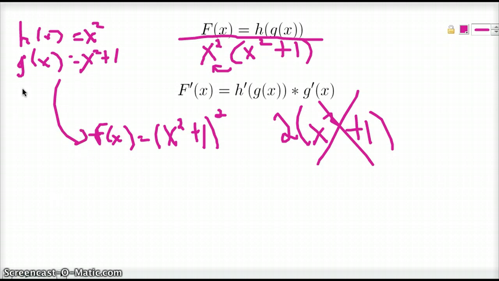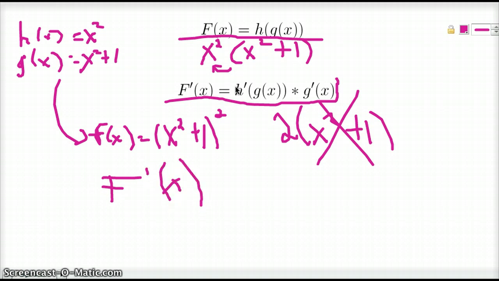Now we can use this information to find the derivative, which is the chain rule. So we want to find our function's derivative. We need to take the derivative of h of g of x. So what I always like to do is make a table of these values.